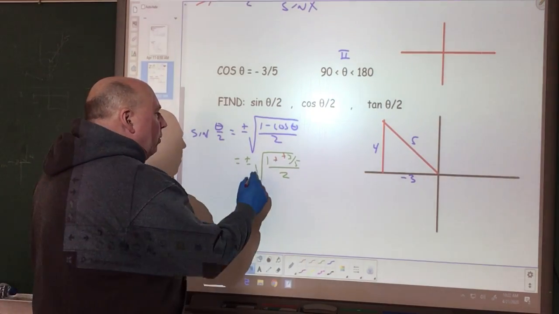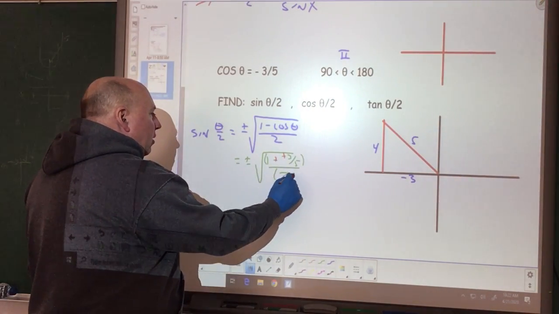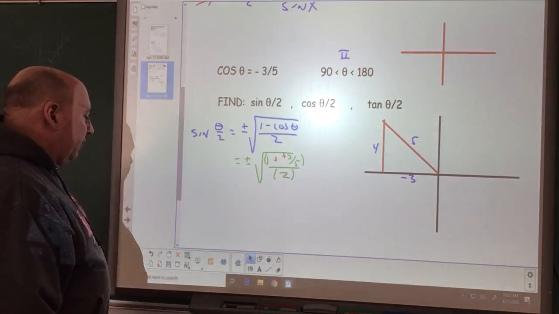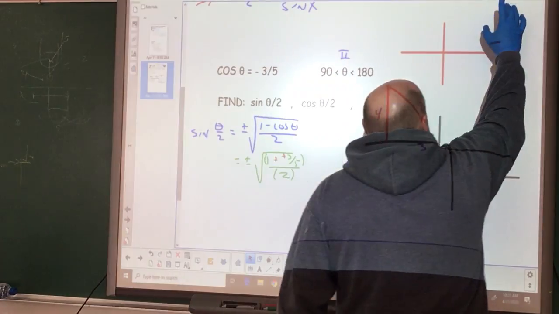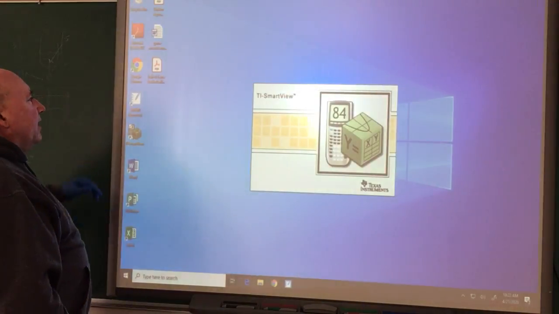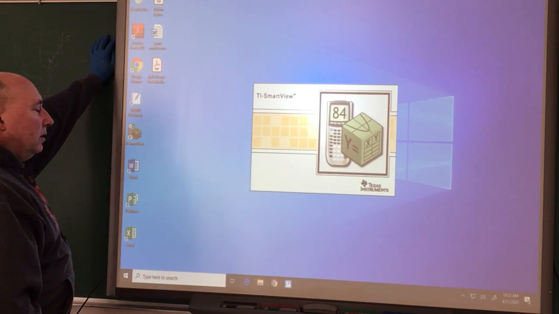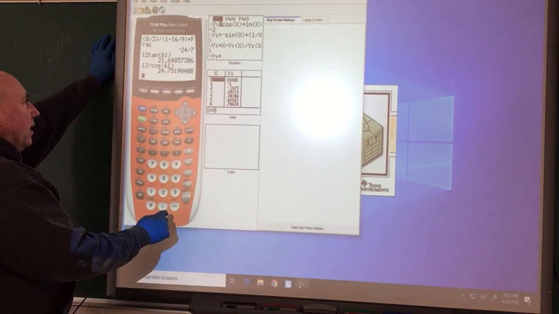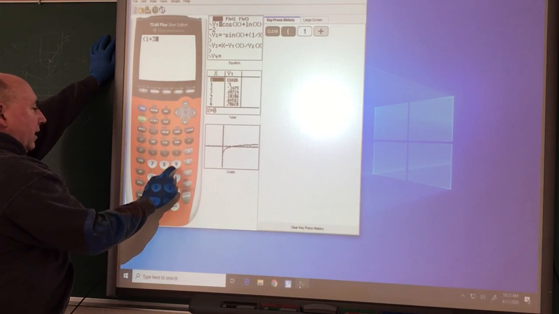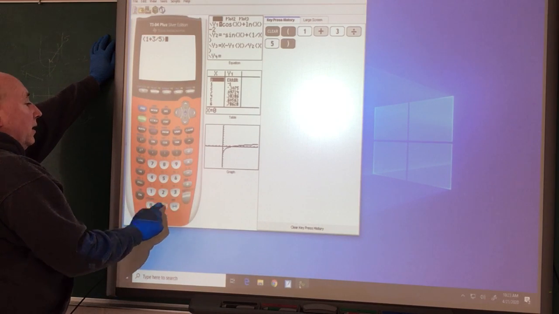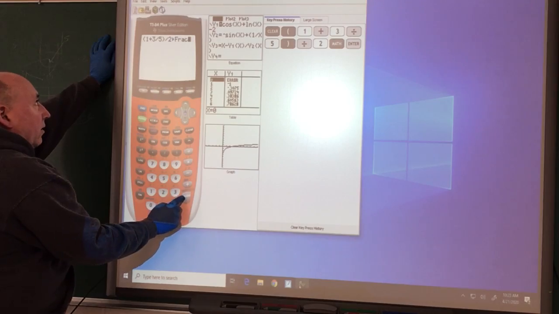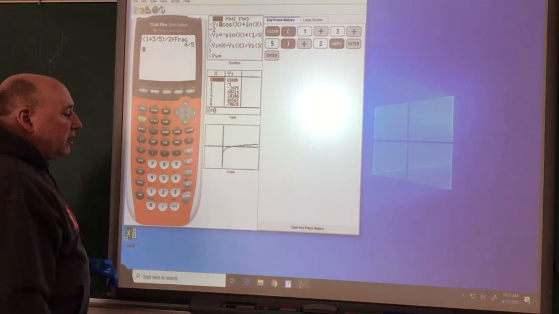And what you can do, if you want, is quantify the top, 1 plus 3/5, and divide it by 2. So if we quantify the top and just clickety-clack out, quantity 1 plus 3 divided by 5, and quantity, divide by 2, hit my math button, hit enter, it takes me back to the fraction of 4/5.